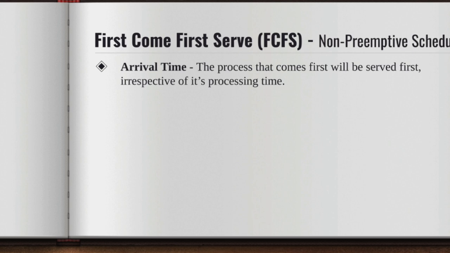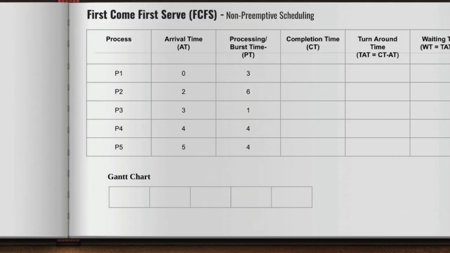Okay, so let's take an example. In your examination, this is the problem that will be given to you. It will say that these are the processes from P1 up until P5, and they have the arrival time, which means at what time unit they came into the ready state. And then this is the processing time or burst time, which means how much time each process will take to finish its execution.